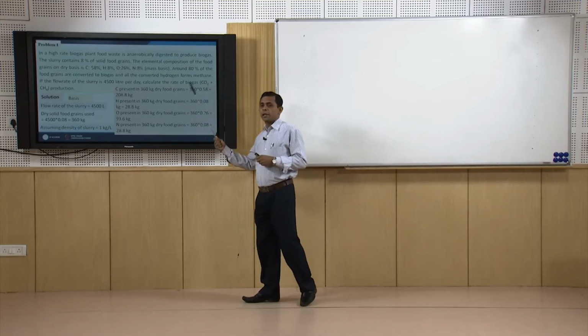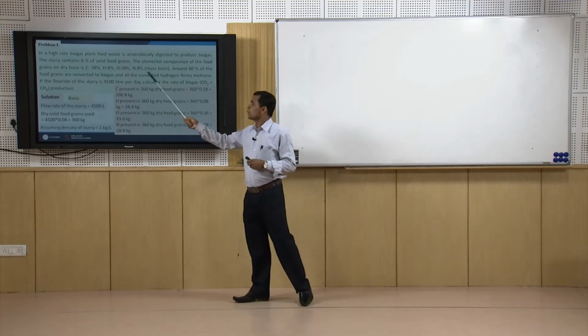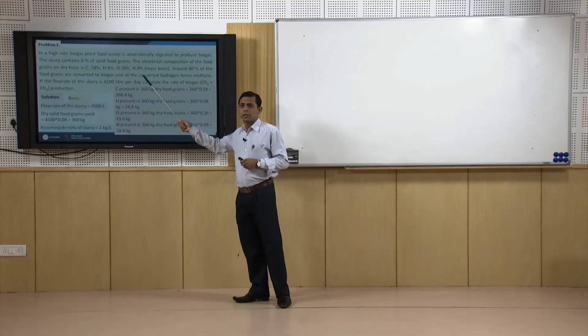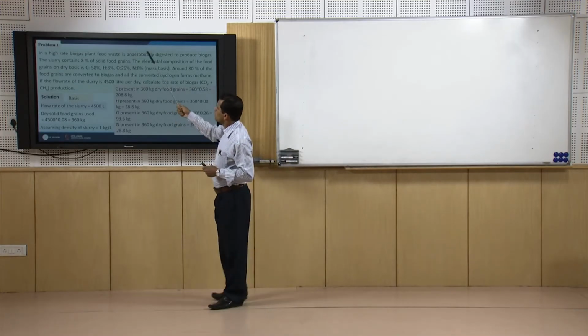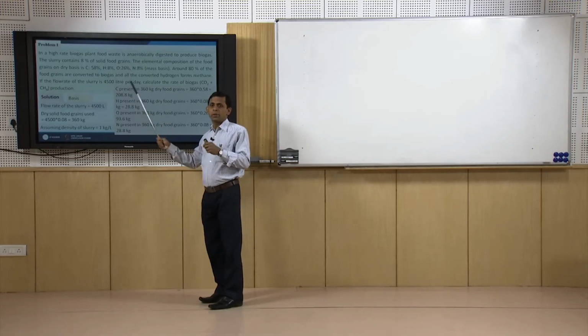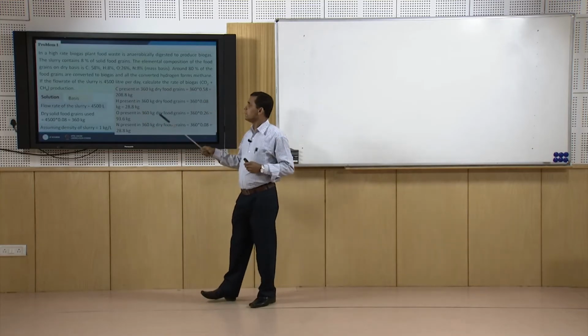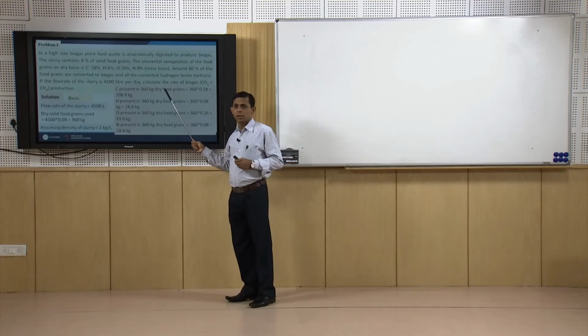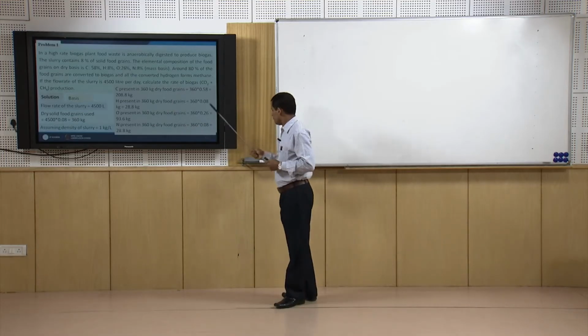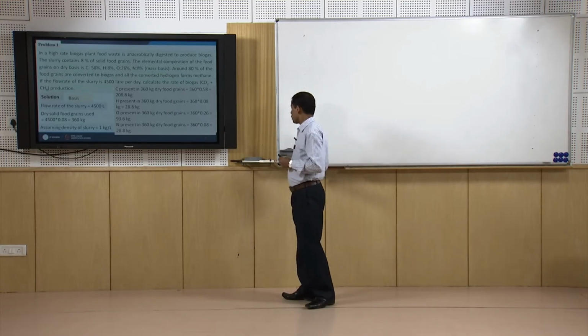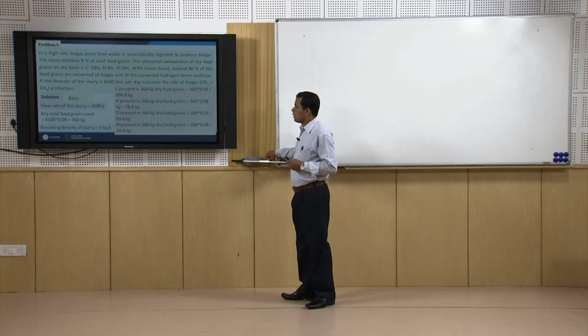Then from back calculation we will get the carbon used for this methane production, and then we will get total carbon and how much carbon dioxide is remaining, and that will be used for carbon dioxide production. So, these are the methods which we will use to solve the problem.